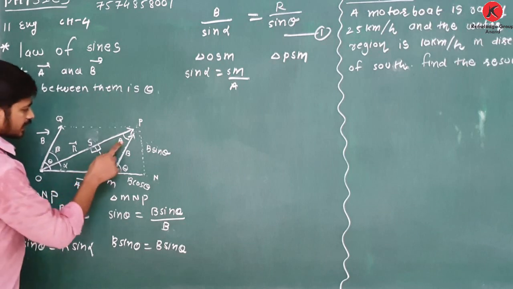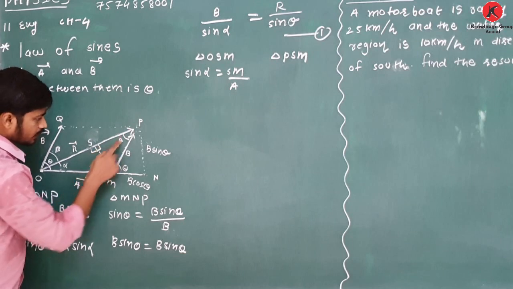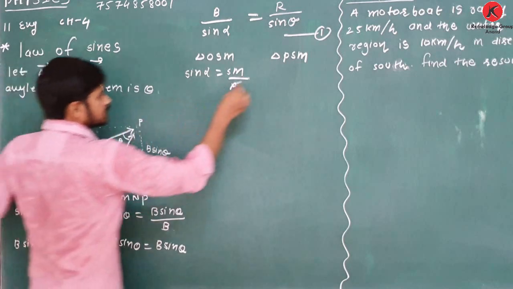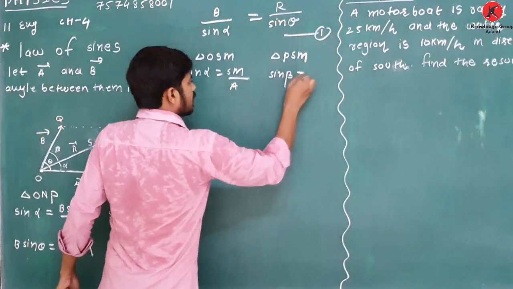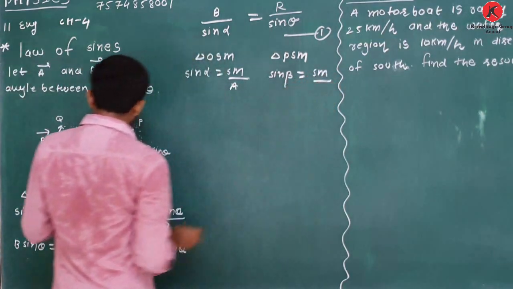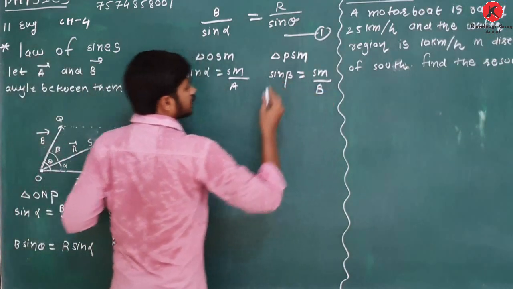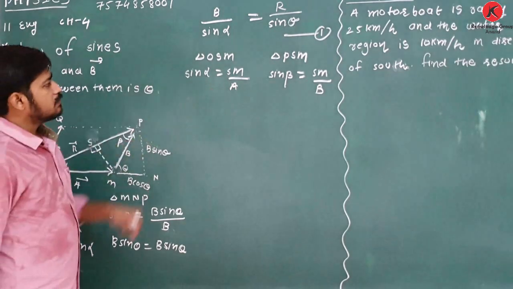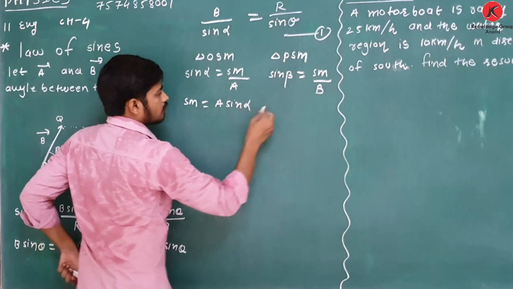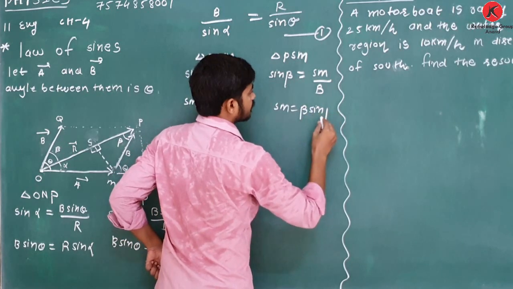Again, you have to take sine. The opposite side is SM and the hypotenuse is vector B because it is a right angle. So sine beta is equal to opposite side SM upon vector B. From this, make SM the subject, then SM is equal to B sine beta.